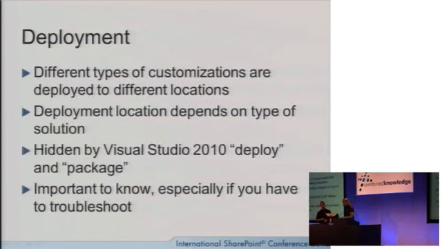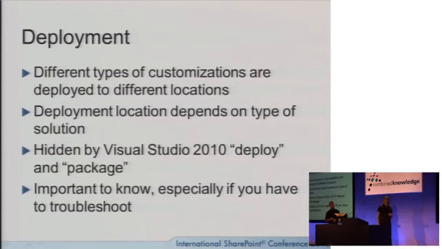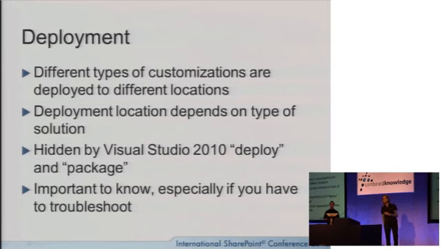So different types of customizations are deployed to different locations. And what deployment location your files are deployed to depends on the type of solution that you're building. If you're building a farm solution, files can be deployed all over the place. They can be deployed to different locations on your file system, on your server, and they can be deployed into SharePoint as well, into your content database, depending on how you build your solution.